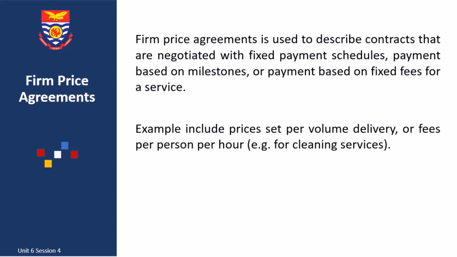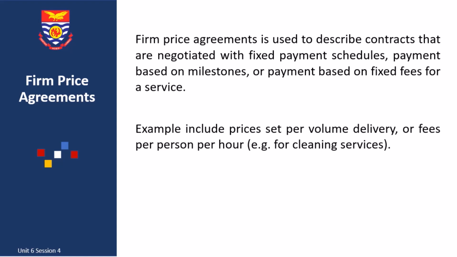A firm price agreement schedule would be appropriate for procurement in any of the following circumstances: when a reasonable, comprehensive, and accurate specification is available. This means that the supplier should be able to calculate its expected cost accurately and therefore set a reasonable and accurate price.